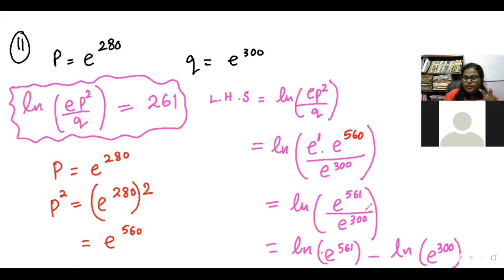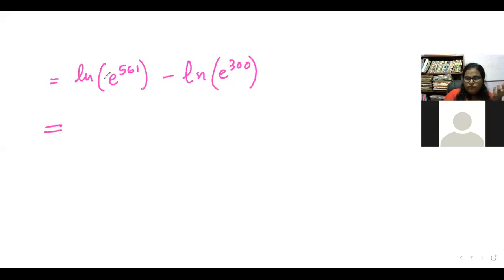Since we have a division, we can write it as a difference, as a subtraction. You know that ln is the log function of base e. So we can write this as 561.